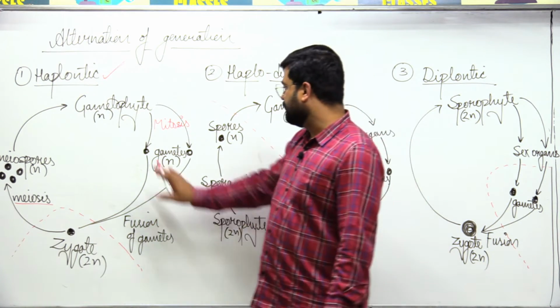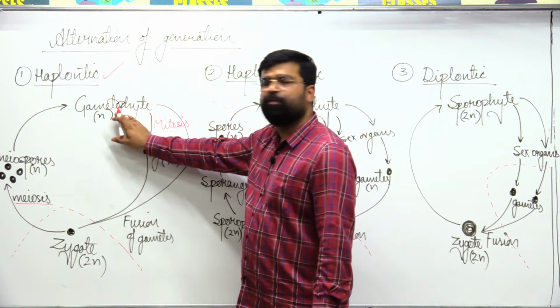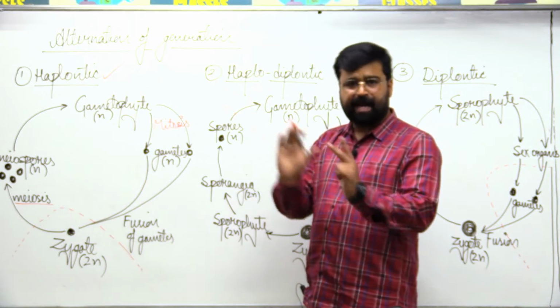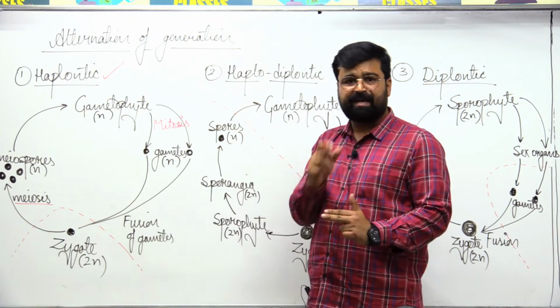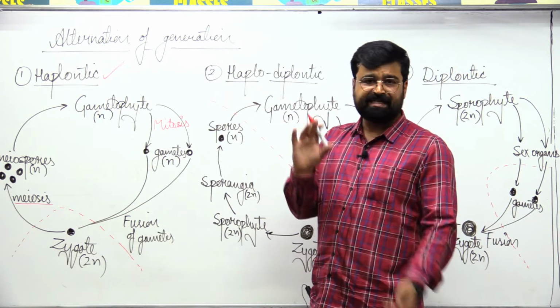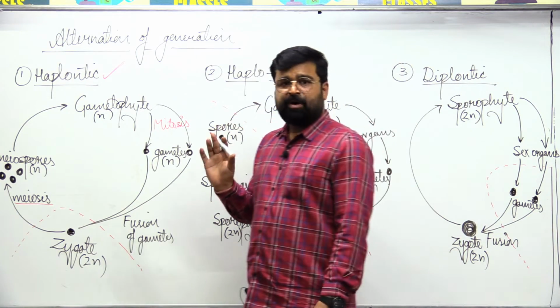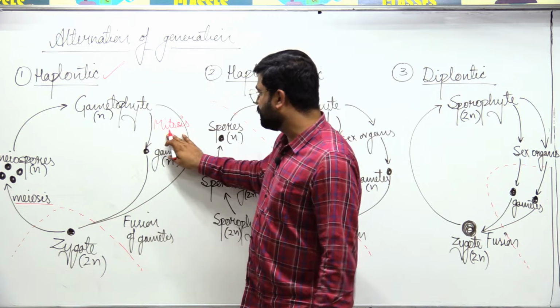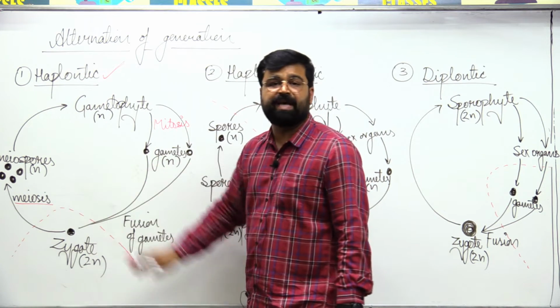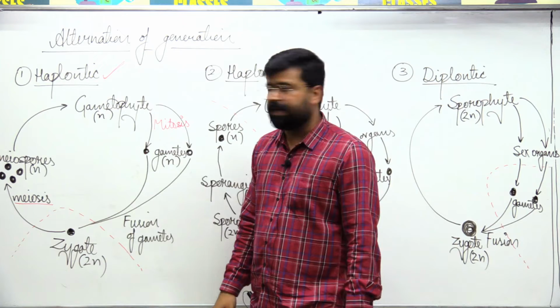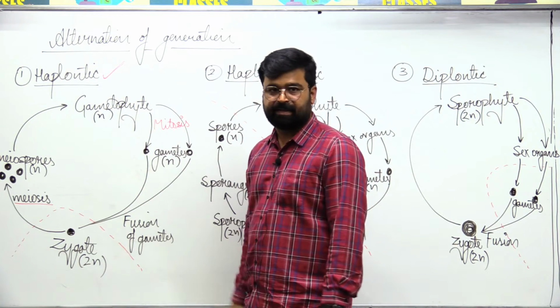Very easy. These two phases we have already discussed: gametophyte haploid, sporophyte diploid, and how to interconvert them by fertilization and meiosis. Mitosis is also there, but meiosis takes place when you need to change the ploidy. So that is haplontic.